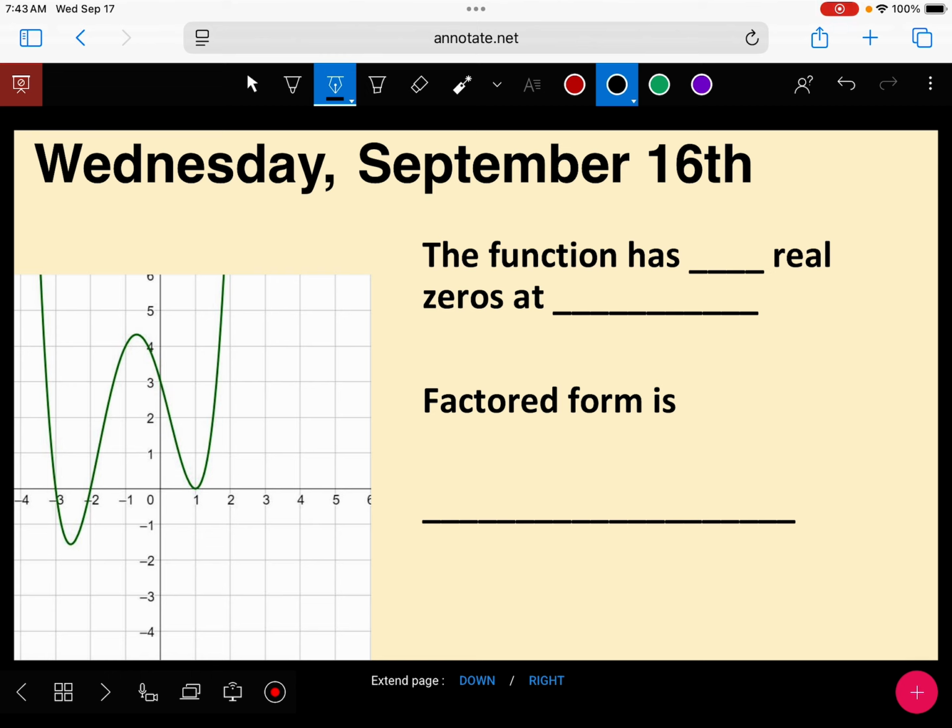Use a pencil, because if it's wrong, you can always erase it. We do have a skills check on Friday. You can use your notes and your bell work. One of these is going to be double, so just take a guess. Try your best to answer the questions about this graph.